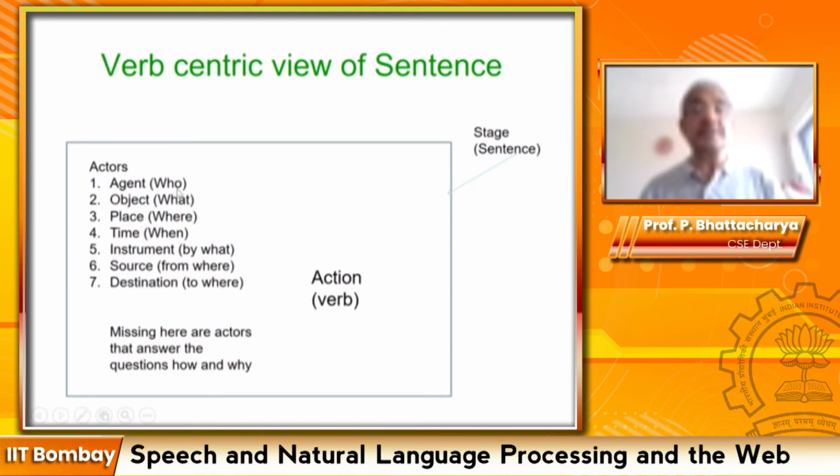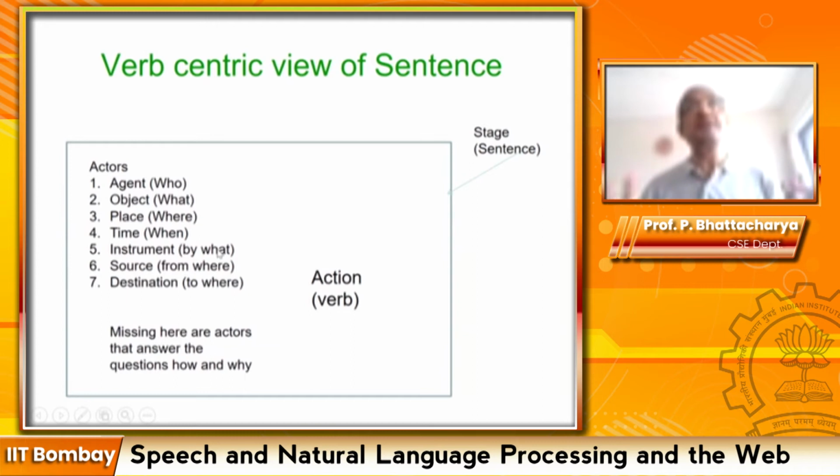Who are these friends? These friends are who, what, where, when, by what, from where, to where. They are always with me wherever I go. Some wise man has said this, I don't know if it is Socrates or Plato or somebody. So these are the critical relationships which uncover the fundamental information in a sentence.